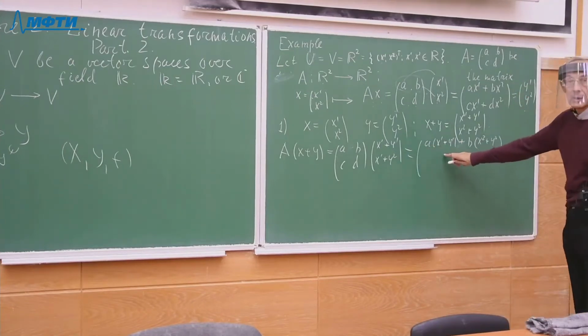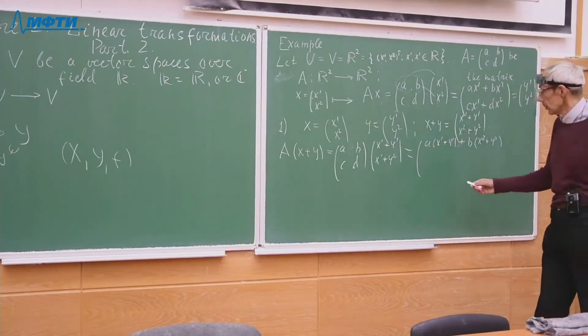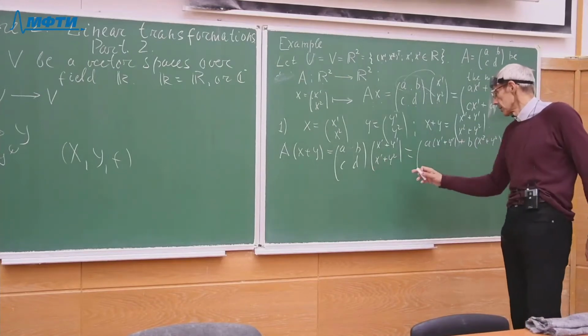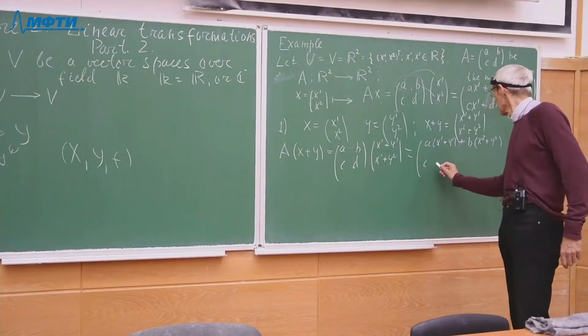the first element of the column which is the product of this matrix and this vector, and the second element is equal.